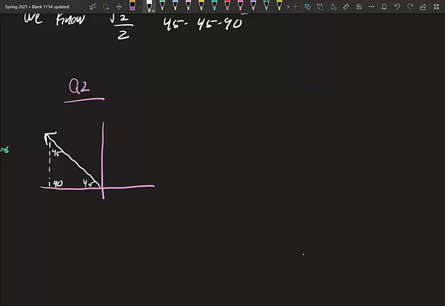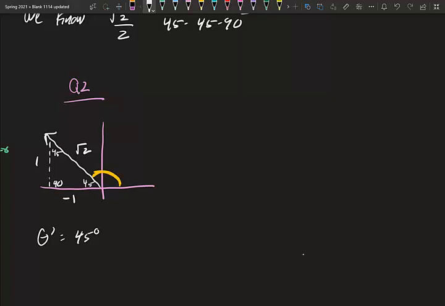Let's fill it out. We have square root of 2, 1, negative 1. It's negative 1 because it's on the left side of the x-axis. What we're trying to find is the angle this creates. We can find that because we have the reference angle. We know the reference angle is 45 degrees because we're working with a 45, 45, 90 triangle.